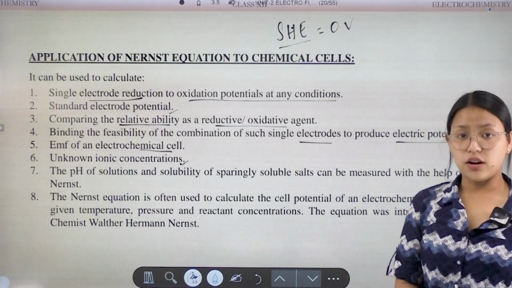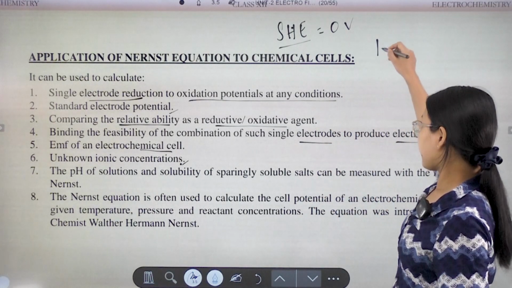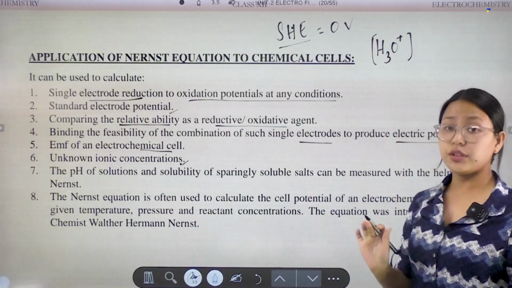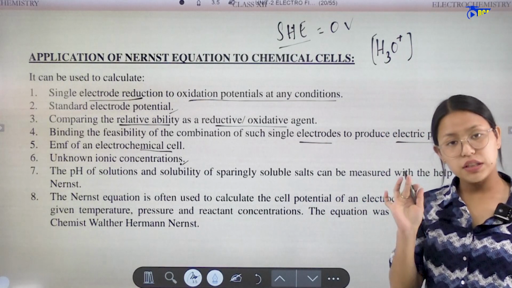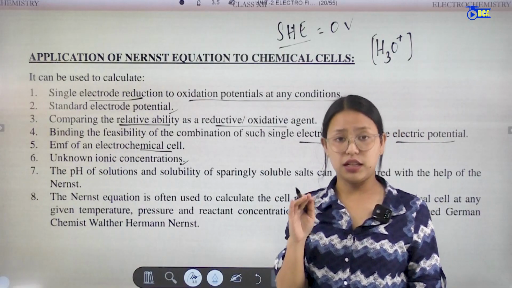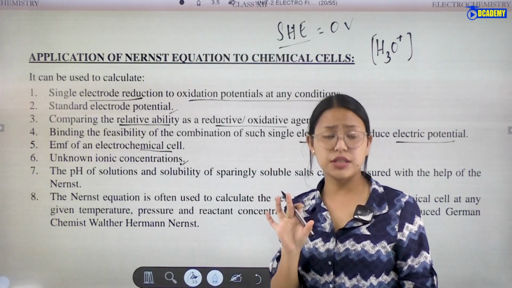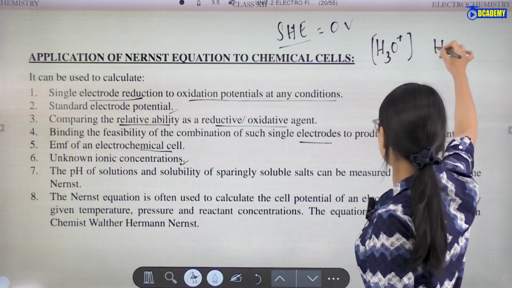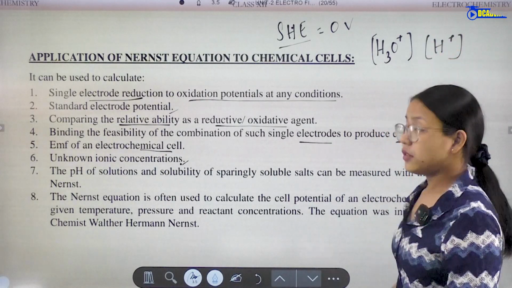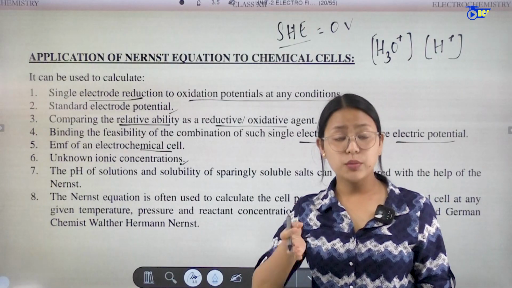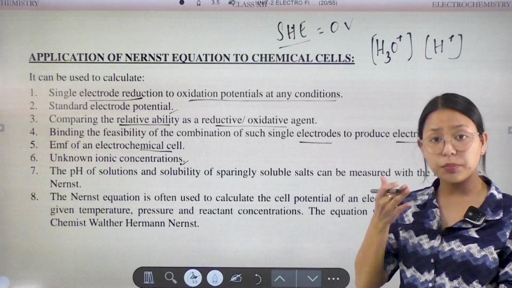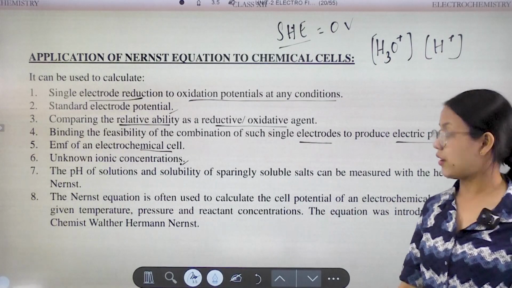For example, if we take the pH, the hydronium ion concentration is found using the standard hydrogen electrode, that is H plus. We can also find out the pH of the solution or the concentration of the solution.